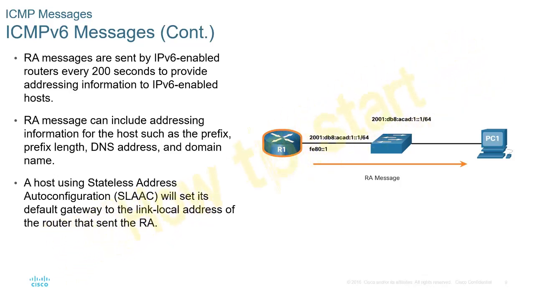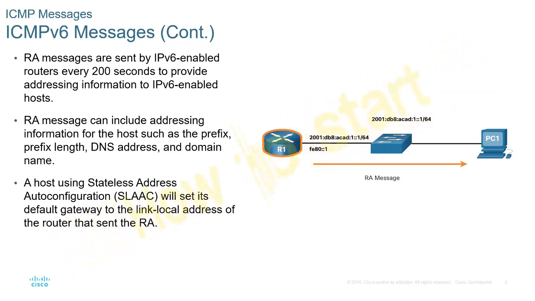A host that is using SLAAC, stateless address auto-configuration, will set its default gateway to the link local address, not the global address, typically an FE80 address, of the router. So here we have a global unicast address, a GUA, that's the 2001 address.